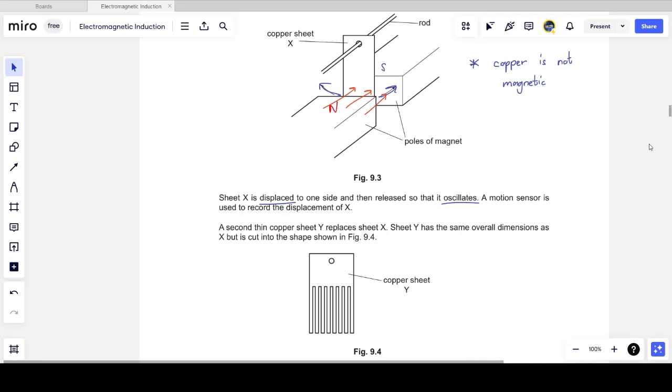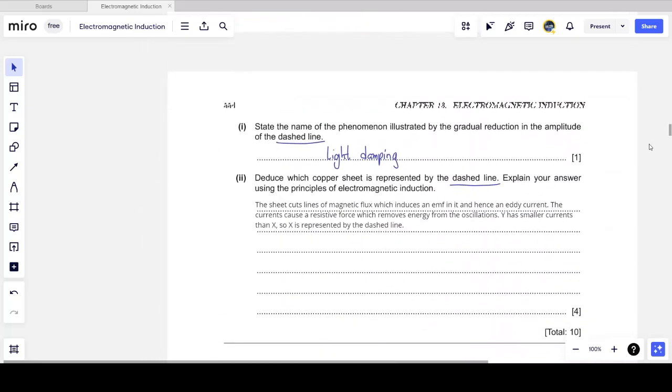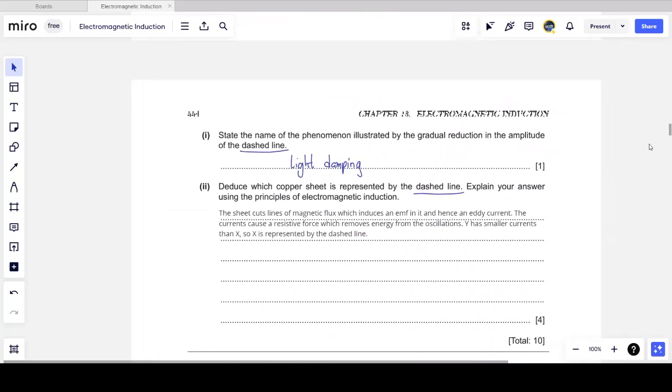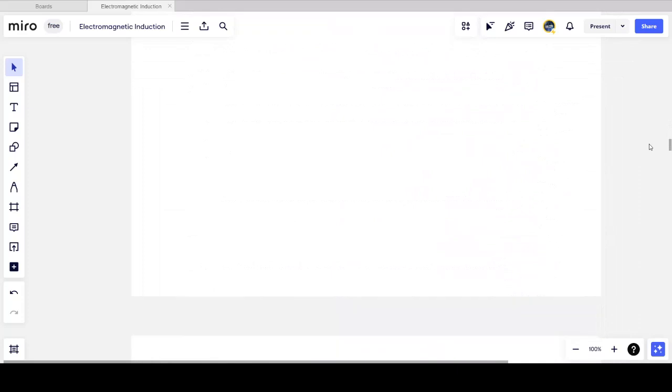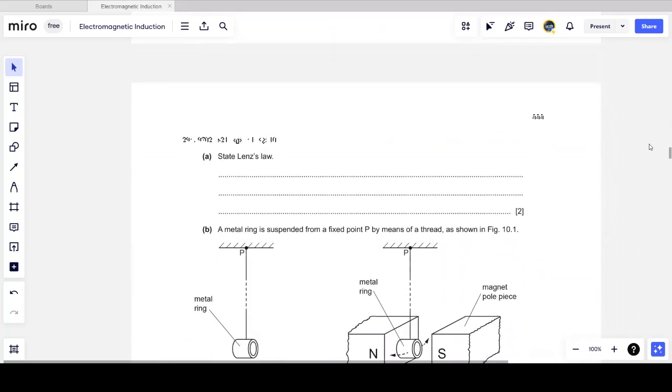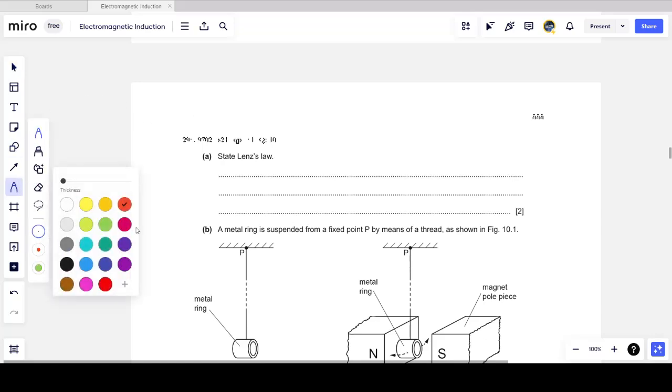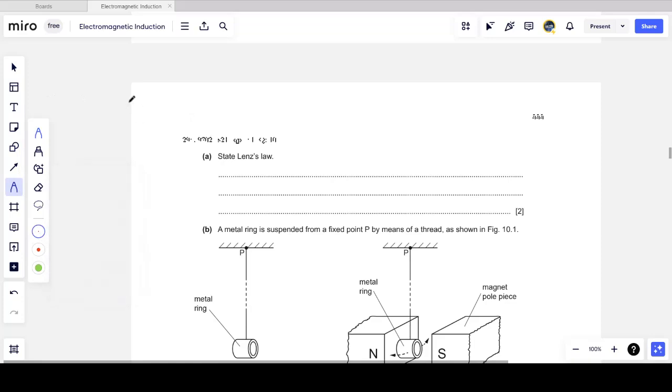The copper sheet being a conductor is going to have eddy currents induced in it when moved relative to a magnetic field. So just remember that generally these metals that we give you are going to be non-magnetic, but we expect you to apply the electromagnetic induction or Lenz's law to explain what's happening.